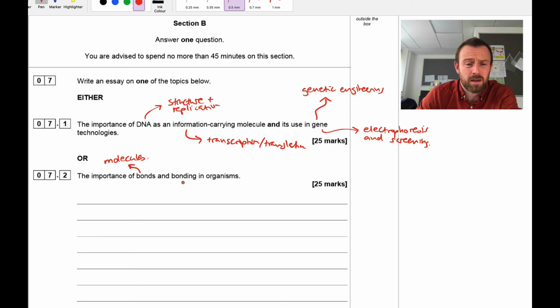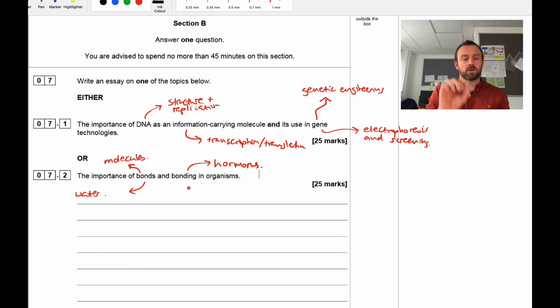I'm maybe also thinking about water, hydrogen bonding, bonds and bonding. What else? We'll talk about temporary bonds, like bonds between a hormone and a receptor protein. Do we count that as bonding? I think I'm already pretty much convinced that I'm going to do the first essay because I'm struggling here. Bonds and bonding. I mean, there's so many things.